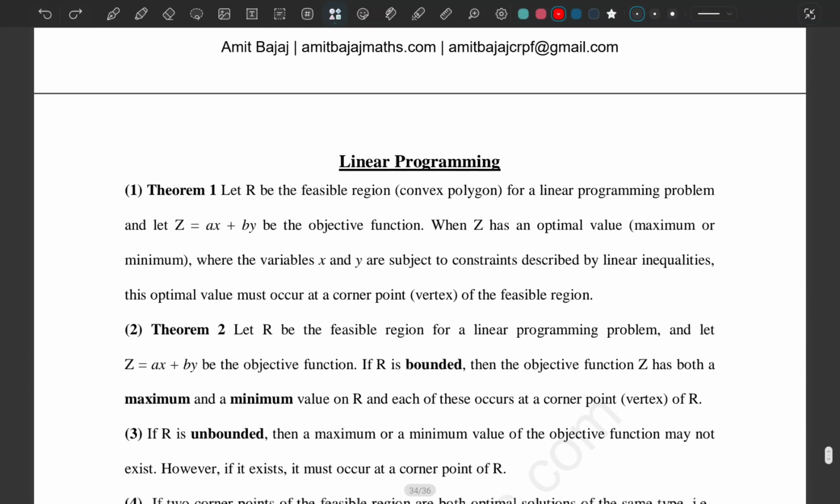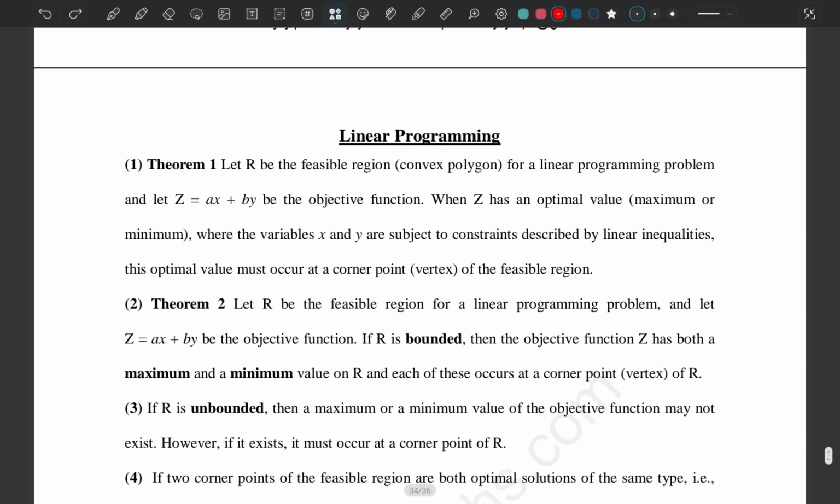Okay, so now we are heading towards the next chapter, that is linear programming. So basically in this chapter it's very easy. You just have to solve some kind of inequalities, and you just have to plot them on the given xy plane, and then you just have to look for the feasible region in which all the inequalities combine to form that feasible region.